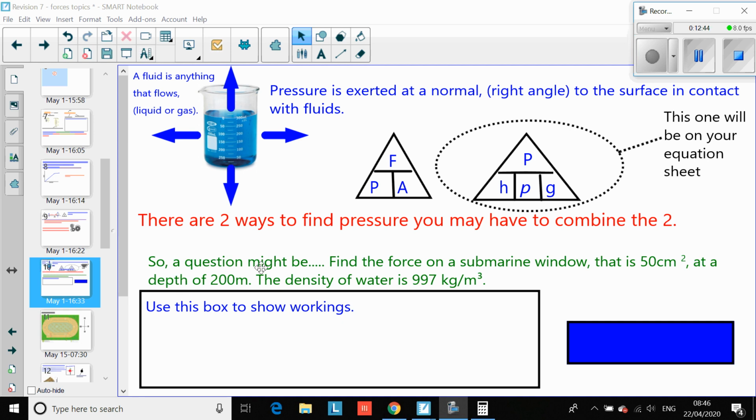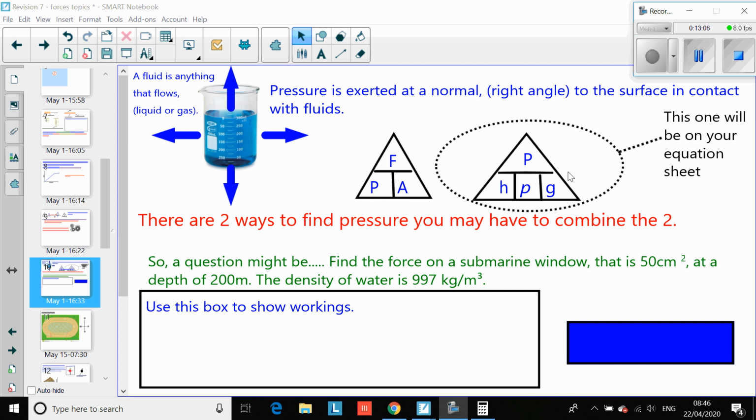So a question might be, find the force on a submarine window that's 50 centimeters squared at a depth of 200 meters, and the density of water is 997 kilograms per meter cubed. So they've given you the area of the window, and they want you to find the force, but the problem is they haven't given you the pressure.